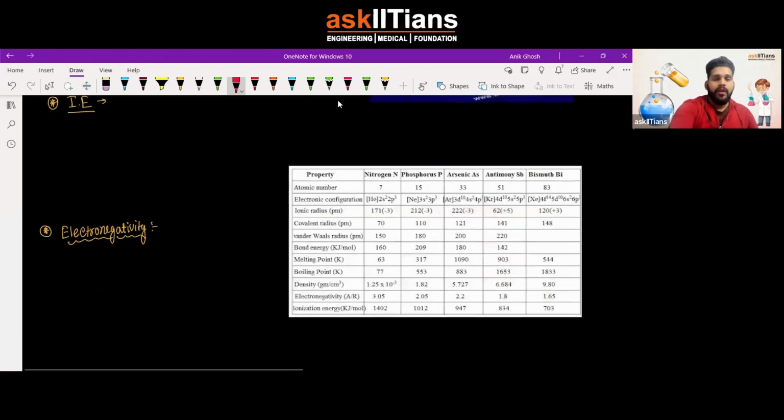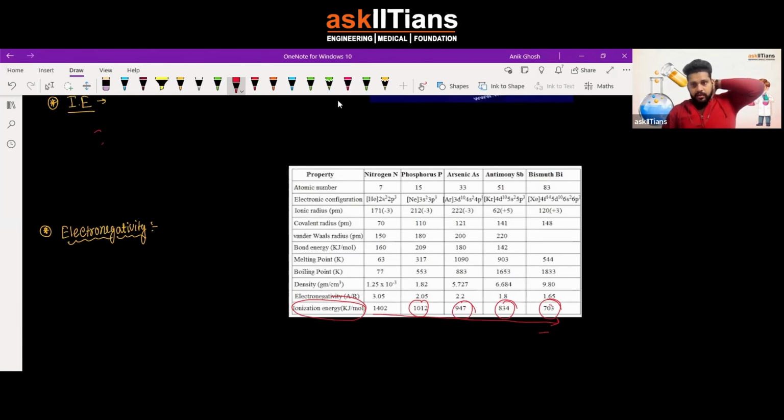Now let's go for ionization energy. Look at the values in here once. It is going to show a normal trend: 1402, 1012, 947, 834, 700. So this shows the proper general order.